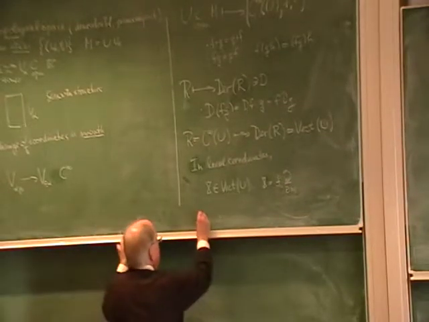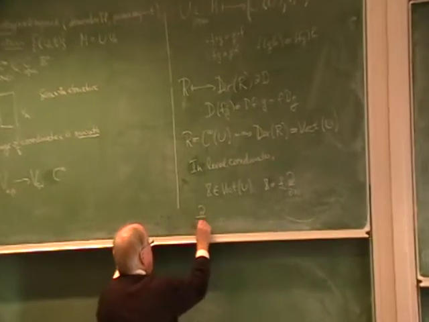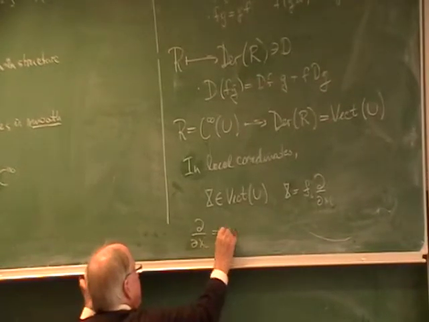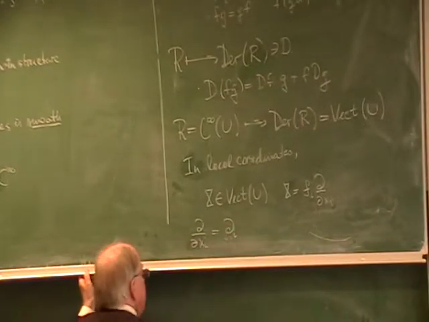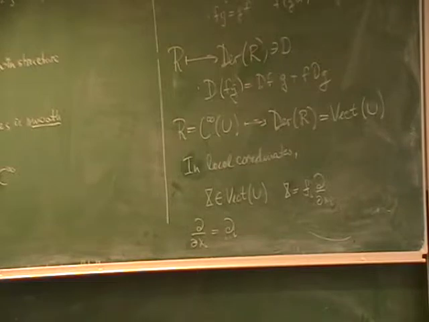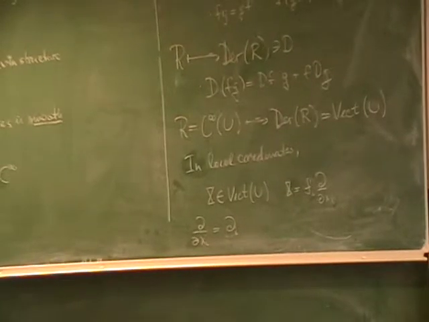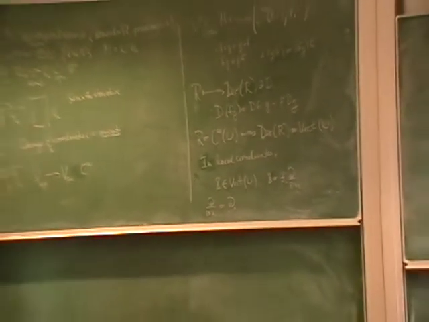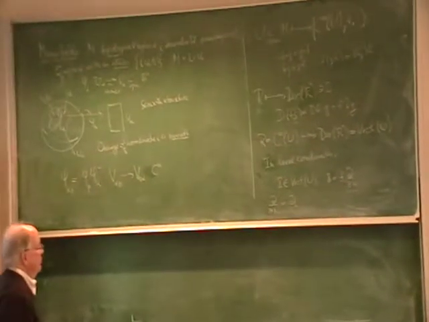This guy in local coordinates will be abbreviated in this way. So it's implicit that we should know that the coordinates are called x, and this means the derivative with respect to x.